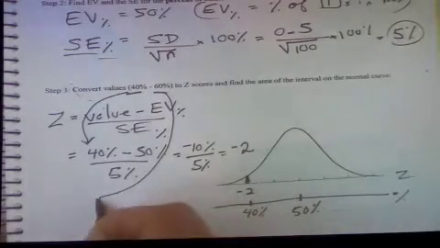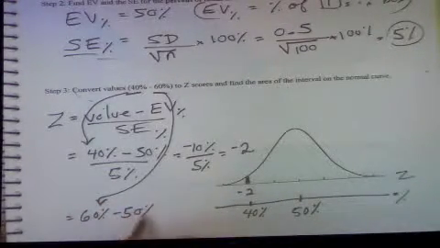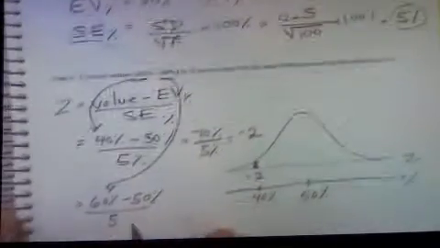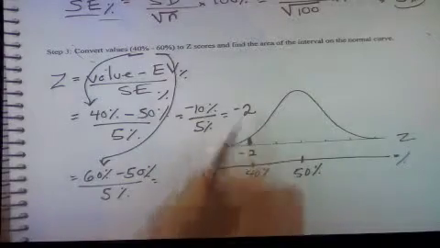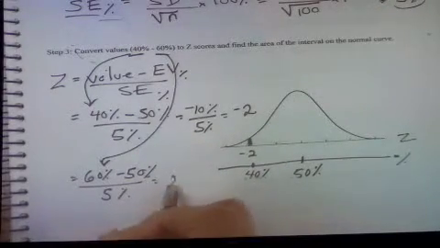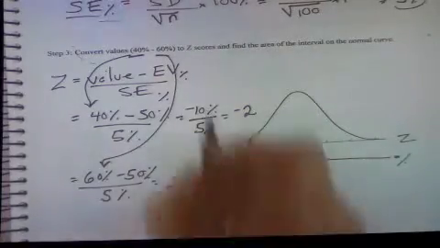Now we have to do the 60% minus 50%. It's symmetrical over 5%. So we're going to get positive 10 over 5. The percents cancel, and it's a z-score of 2.